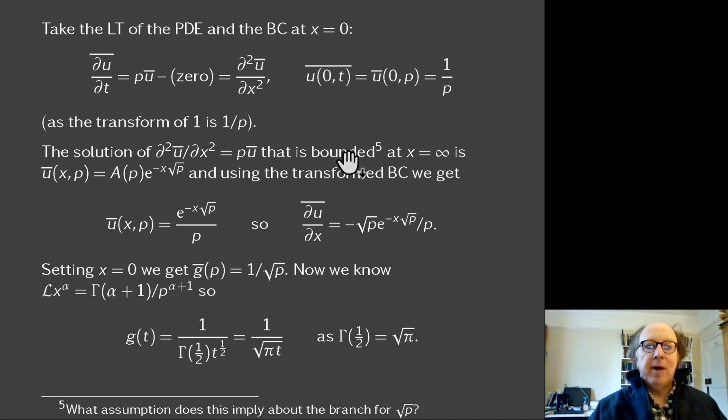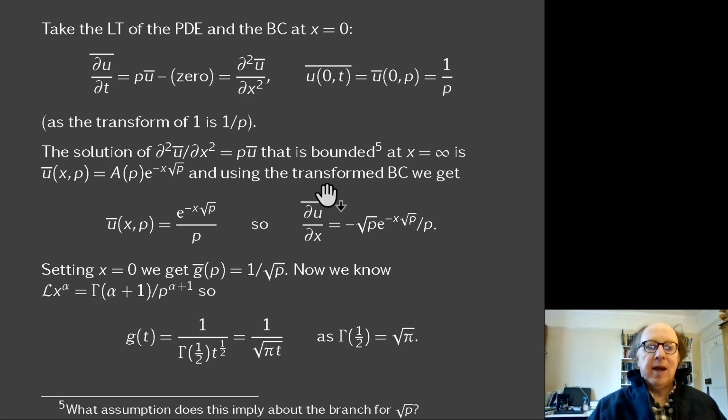Well, the solution that's bounded at infinity, provided you take a sensible choice for the branch of the square root of p, is some function a of p times e to the minus x root p. And then if we take the transform boundary condition, we find that a is 1 over p, so u bar of x and p is e to the minus x root p over p.